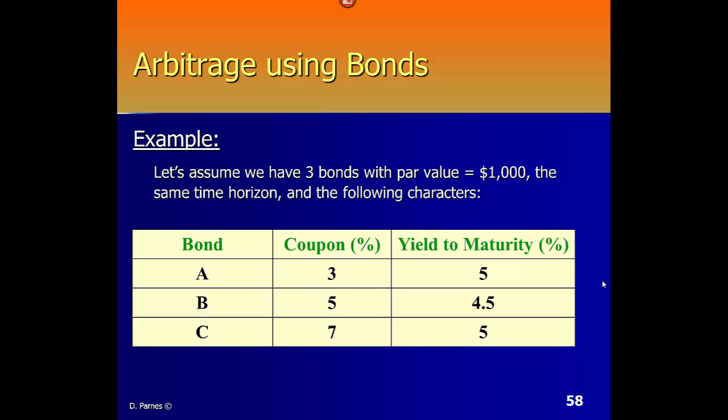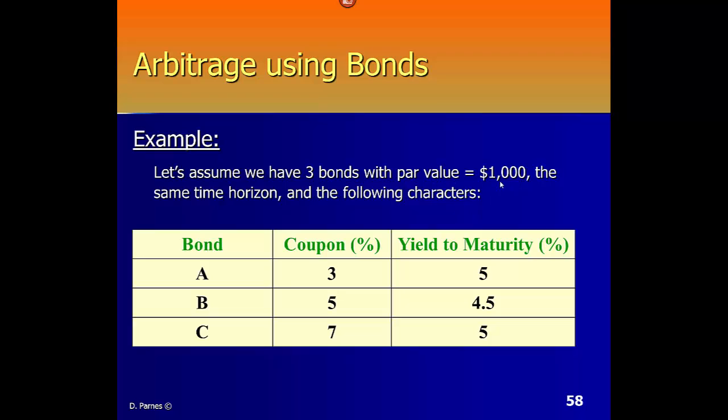And now I'll ask you the following question. What do you think is cheaper? The portfolio of bonds A and C or bond B? And the answer is the portfolio of bonds A and C is going to be cheaper. Why is that? If we're able to replicate the same coupon rate, the portfolio of bonds A and C will give you a 5% coupon rate or $50 per year.